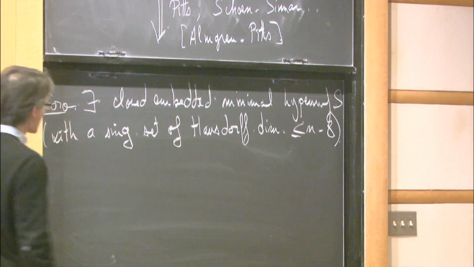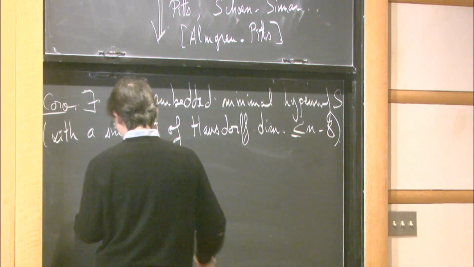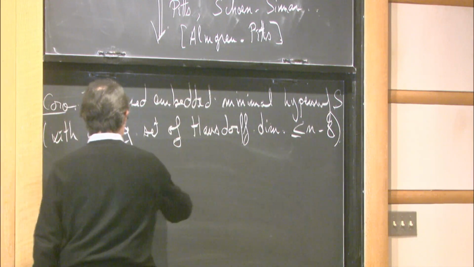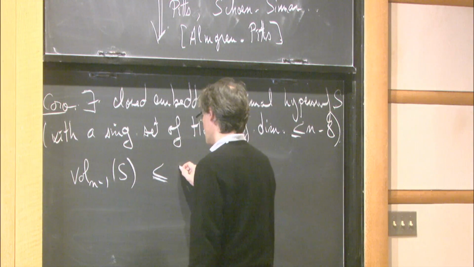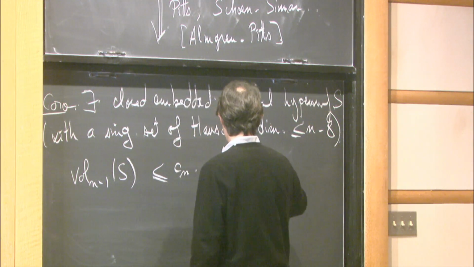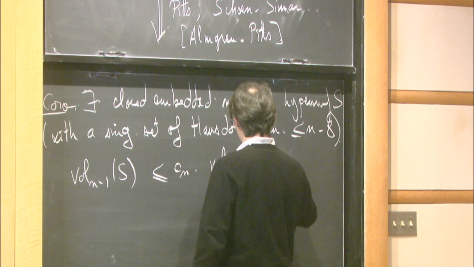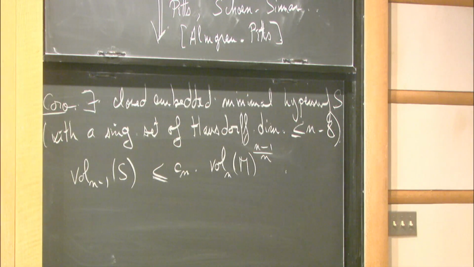Okay, so there exists a closed embedded minimal hypersurface whose volume is bounded from above by the volume of your manifold, with this power. So that means that if you have a manifold with non-negative Ricci curvature, and the volume of this manifold is very small, you can always find a closed embedded minimal hypersurface in it of small volume. Okay. All right.